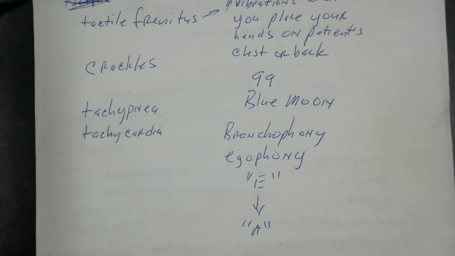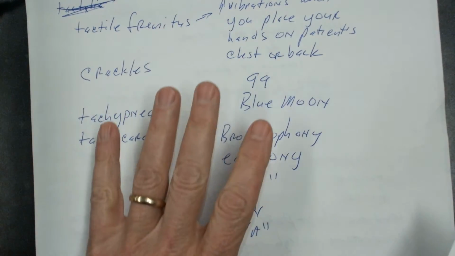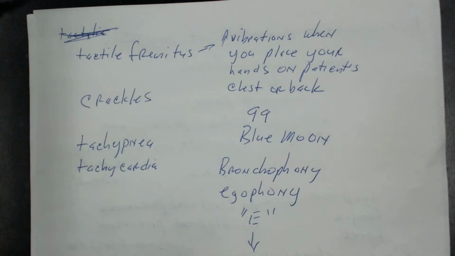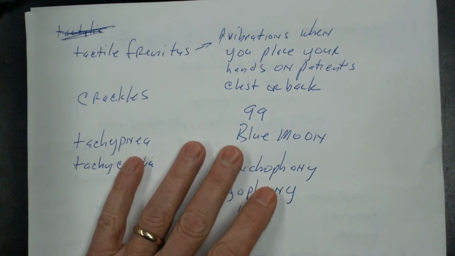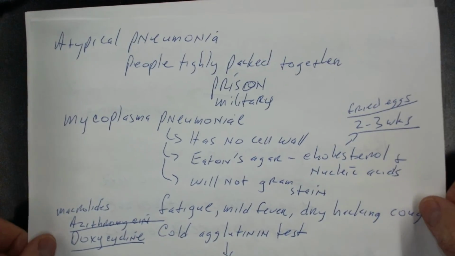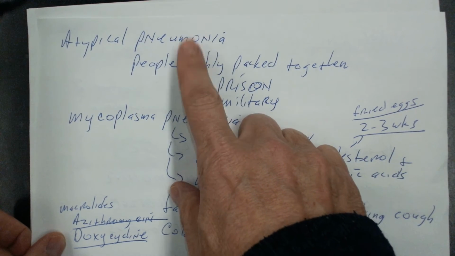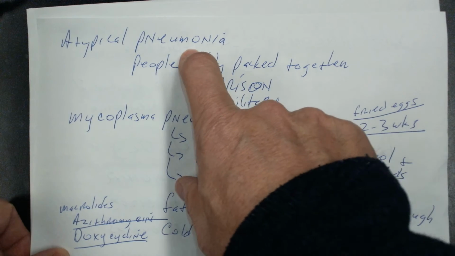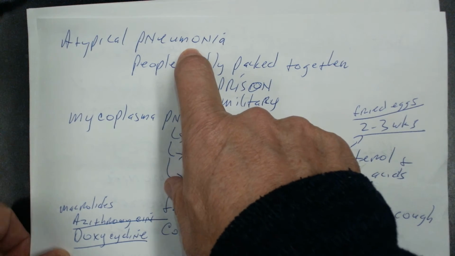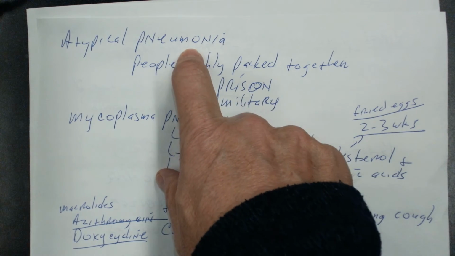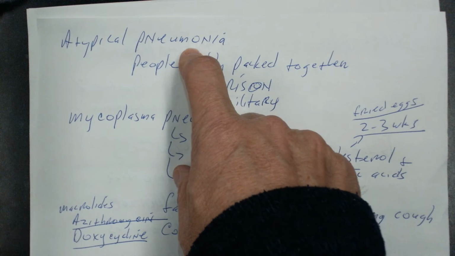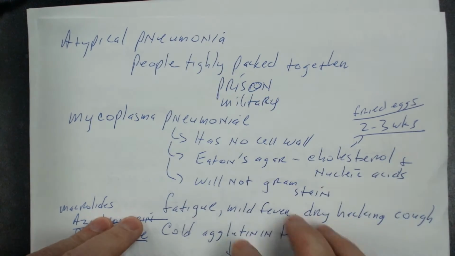Let me say, first of all, these are the signs and symptoms of classic pneumonia. With atypical pneumonia, you won't have these signs. Instead, you may have very general sorts of symptoms like a sore throat, a headache, a dry cough, something like that.